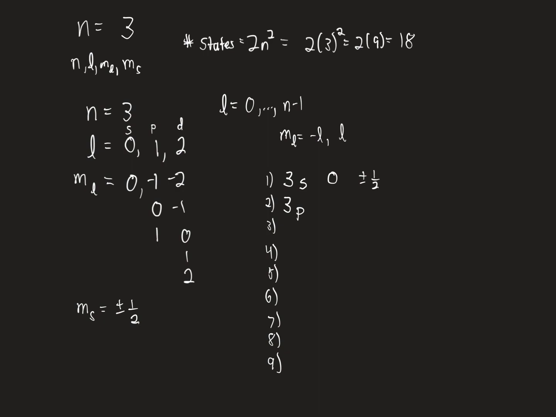I can have a -1, I can have a 0, I can have a 1. Those all come along with 3p. And then what's M sub S for every single one of those? Positive or negative 1/2, positive or negative 1/2, positive or negative 1/2.